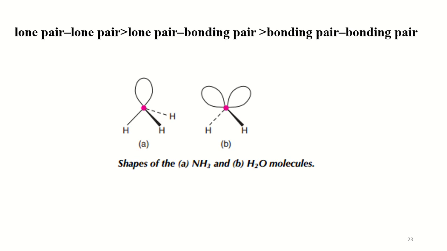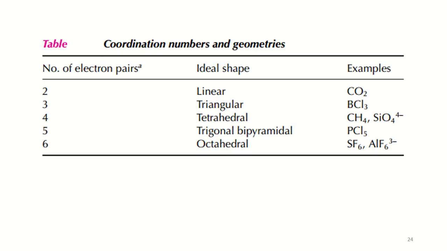The ideal shapes with some examples, for coordination numbers ranging from 2 to 6, are given in this table. This is actually the coordination numbers and geometries of different molecules possessing different shapes as well as numbers of electron pairs.